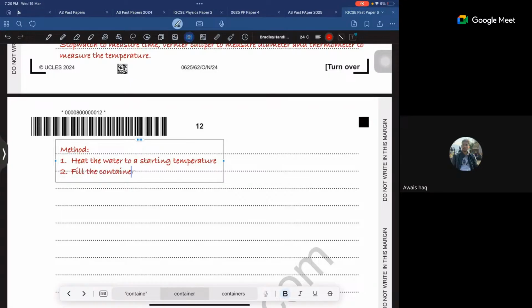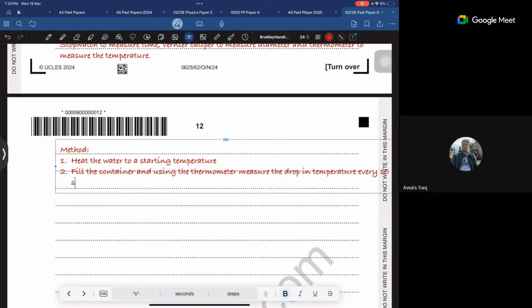Fill the container, and using a thermometer, measure the drop in temperature every, I think, 10 seconds. All right, that would be enough time, right?